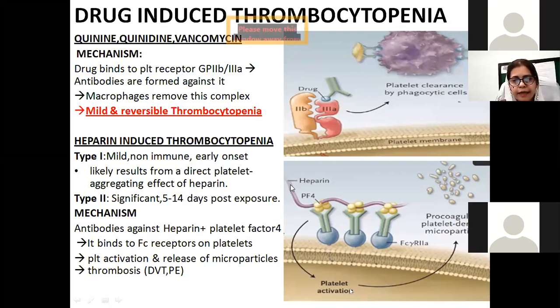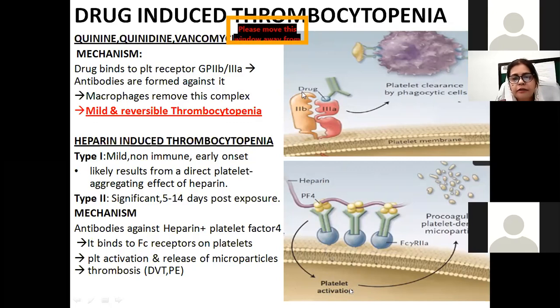We know that when heparin is introduced in the body, it combines with platelet factor 4 and then complexes with antithrombin and acts on factor 10, and in this way it inhibits thrombin. But what happens is that antibody may be produced against this complex and they then combine to the Fc receptors which are present on the platelet surface.